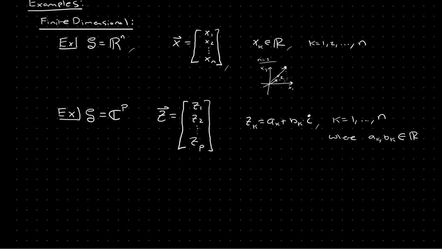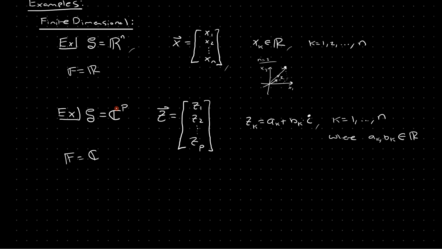And it's interesting to note here that in some sense this set C^p is isomorphic to a specific real vector space, but the underlying field in this scenario is the field of complex numbers, whereas the underlying field in the previous example is the field of real numbers.